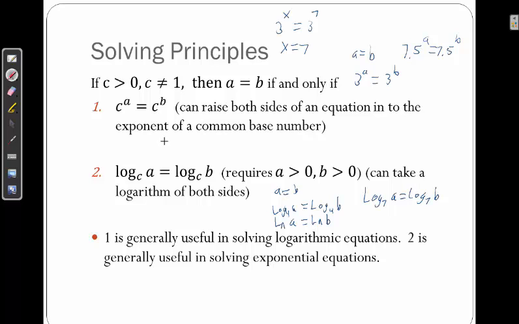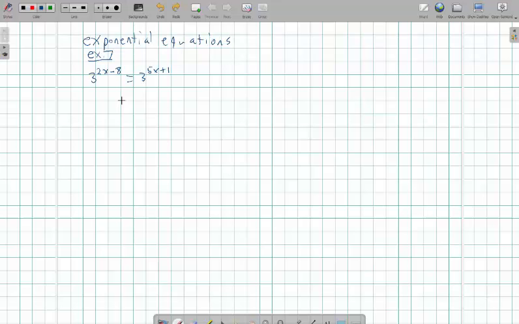So, let's start doing some exercises. We're going to start by solving exponential equations. And we're going to start with exercise 7 from 4.5. Here we have 3 to the 2x minus 8 equal 3 to the 5x plus 1. Now this is a very simple case because if you have the same base on both sides, we actually saw from property 1 that you could just jump down straight to 2x minus 8 equal 5x plus 1.